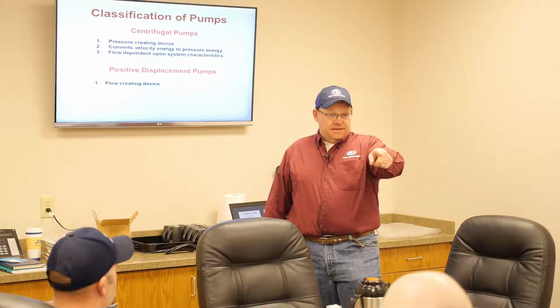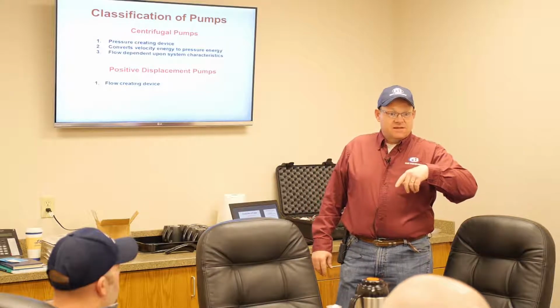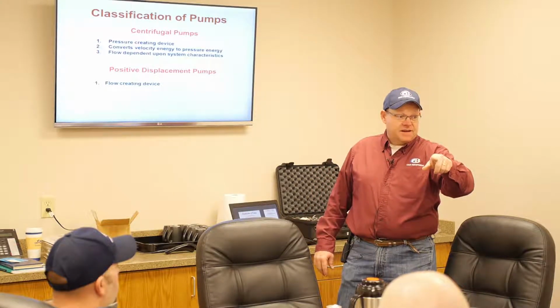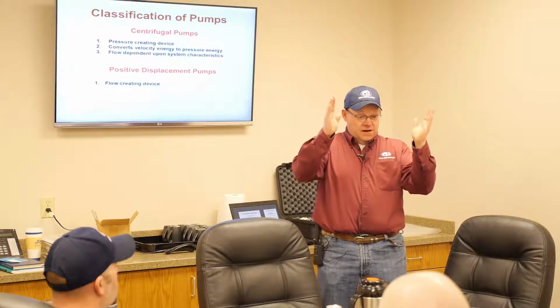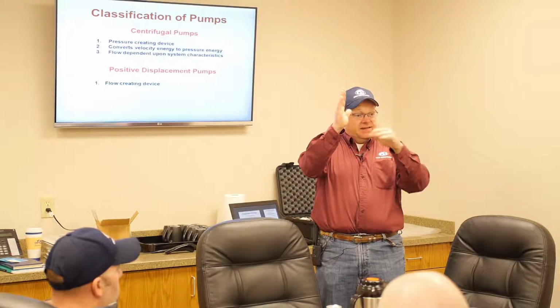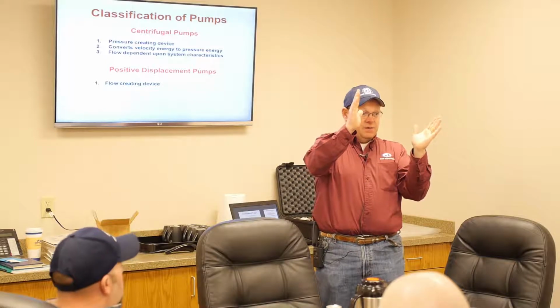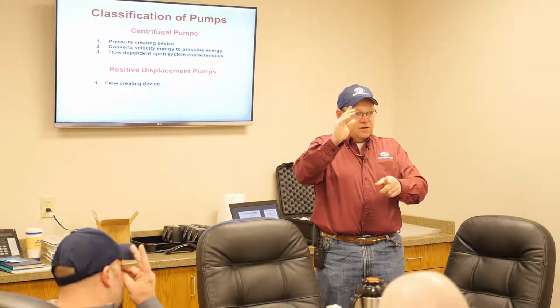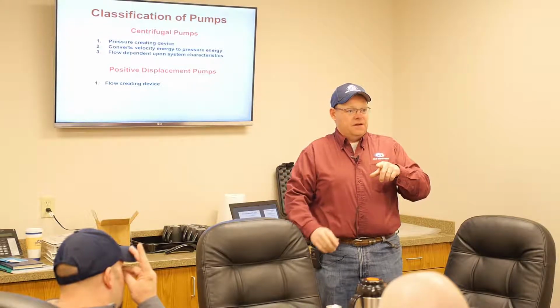The Tuthill's not the only positive displacement pump we've got. Corkins, they've got some vane pumps. Whatever the distance is between those two vanes as it comes around is going to be your volumetric capacity. Every time that vane comes over, it's going to produce X amount of flow.